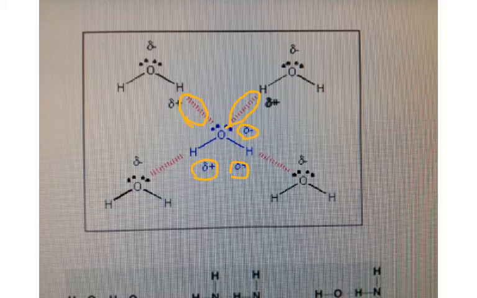Here's the hydrogen down to the lower left, and if you notice, it's attracted to the lone pairs of that oxygen, and this hydrogen's attracted to the lone pairs of the oxygen. This hydrogen bond primarily comes about because they are attracted to the lone pairs that are found on the nitrogen, fluorine, and oxygen.